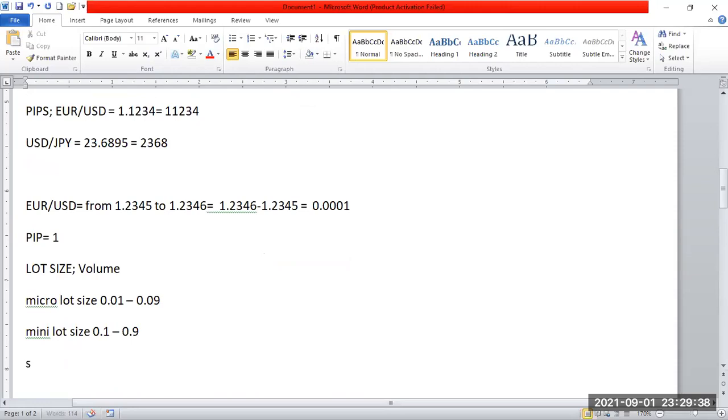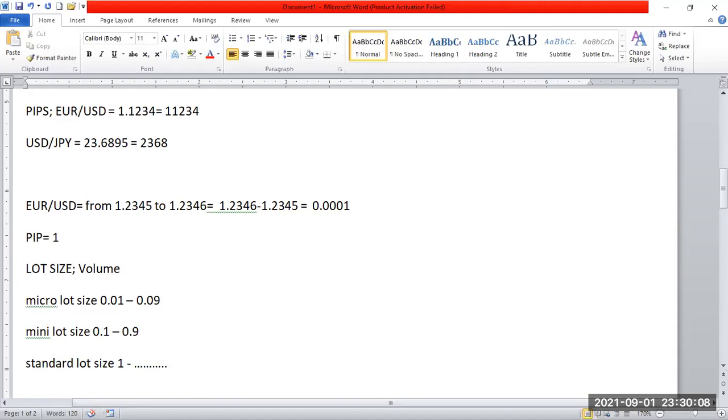Then the standard lot size is from 1 upwards to wherever the broker allows you to hold.